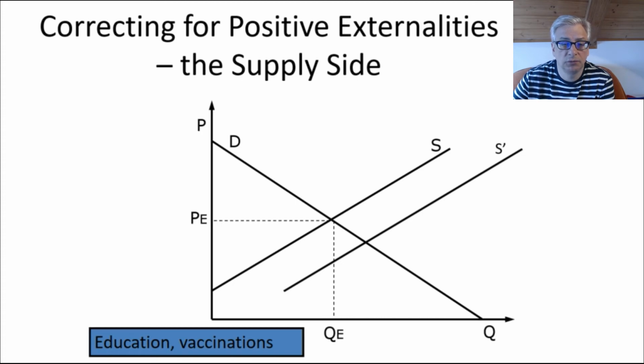This kind of subsidy is Pigovian, as it comes from the name of Pigou, who was a famous economist. This type of Pigovian subsidy would change the equilibrium in the market, pushing markets towards greater production and lower prices.